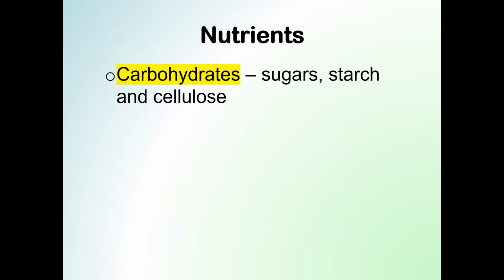So carbohydrates. If you look at the word, I think we may have covered it last lesson, I can't remember, but carbon, oxygen, hydrogen, carbohydrates. And that's basically what they are. They're the sugars, and the starch is made up of sugars, cellulose is made up of sugars.